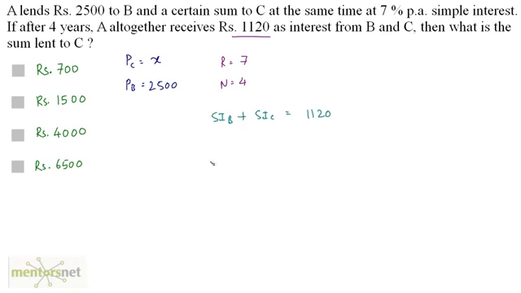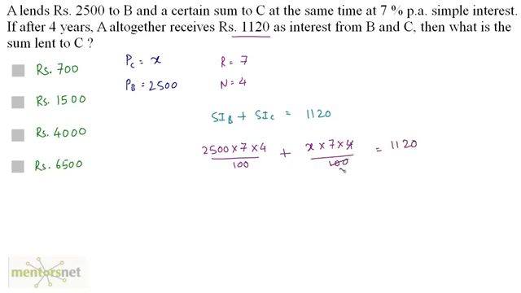Let us apply the formulas. Simple interest to B is PNR upon 100, that's 2500 times 7 times 4 upon 100, plus simple interest to C is X times 7 times 4 upon 100, equal to 1120.